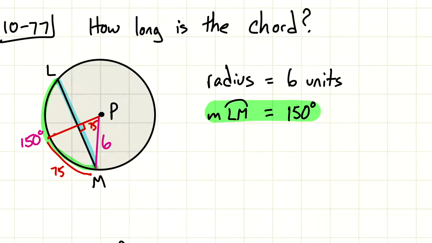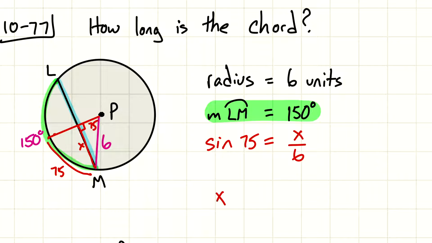So this is going to be sine of 75 degrees is equal to, we'll call this x here, this line here, over 6.